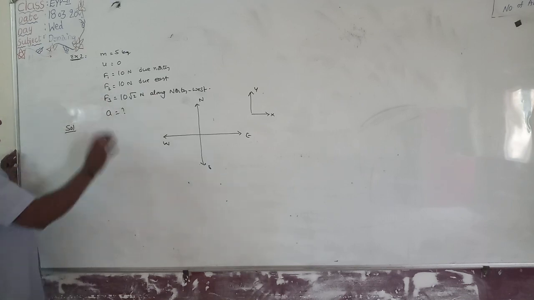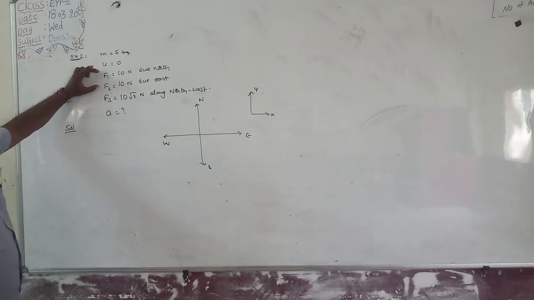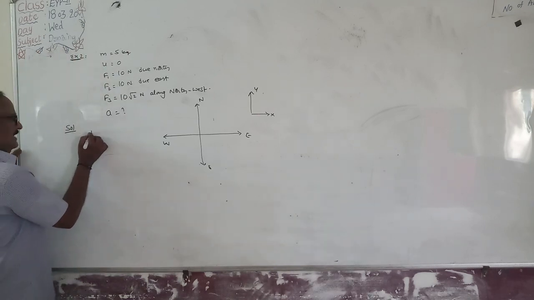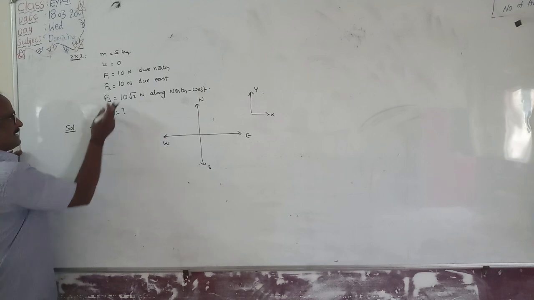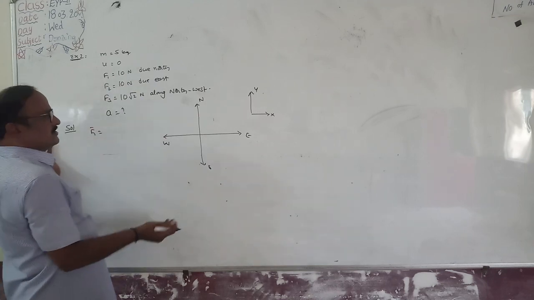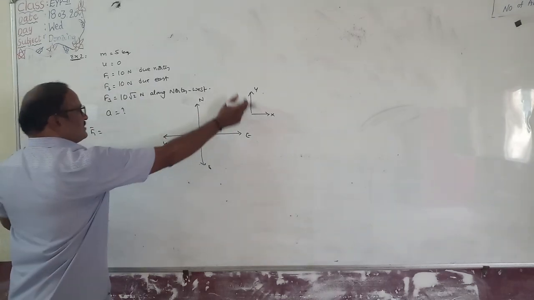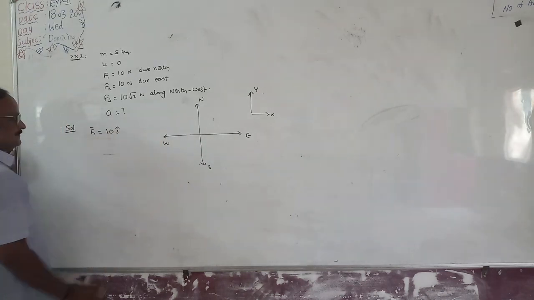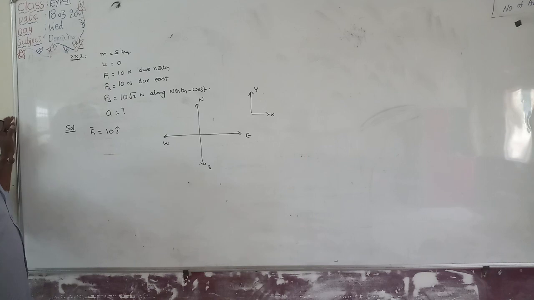All the forces must be represented in vector notation. Then only we can easily solve the problem. So what is F1 bar? F1 bar is 10 Newtons due north. Due north means along the positive y axis. That means 10 j cap, where j cap is the unit vector along the y axis.